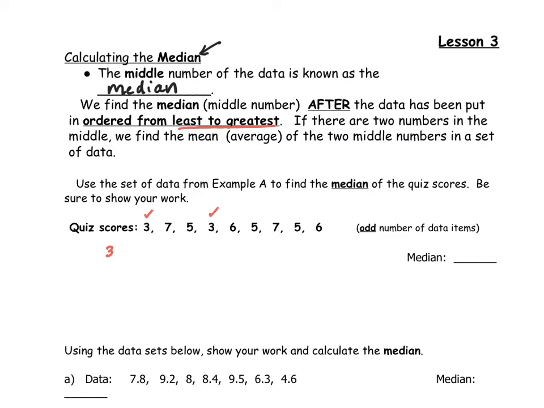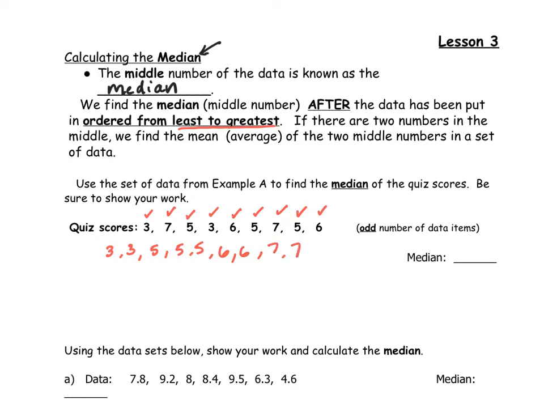And there's another 3, so we want to make sure we show both of them. I don't see a 4, so now I see 1, 2, 3 5s. And then I also see 2 6s. And that leaves us with 2 7s.